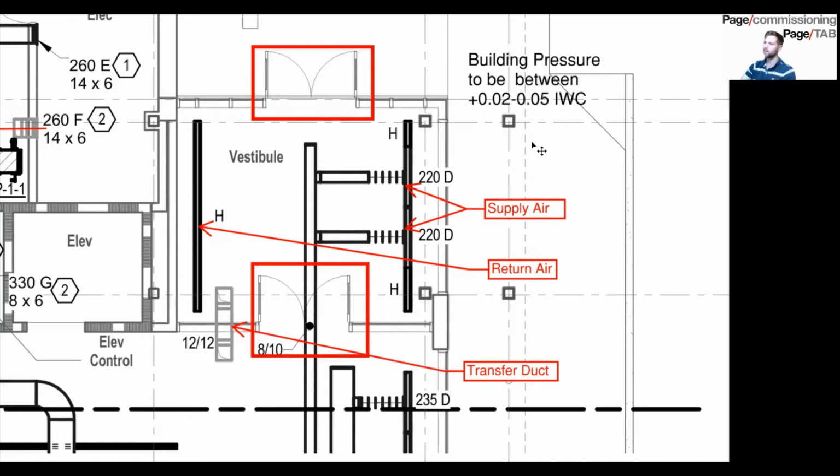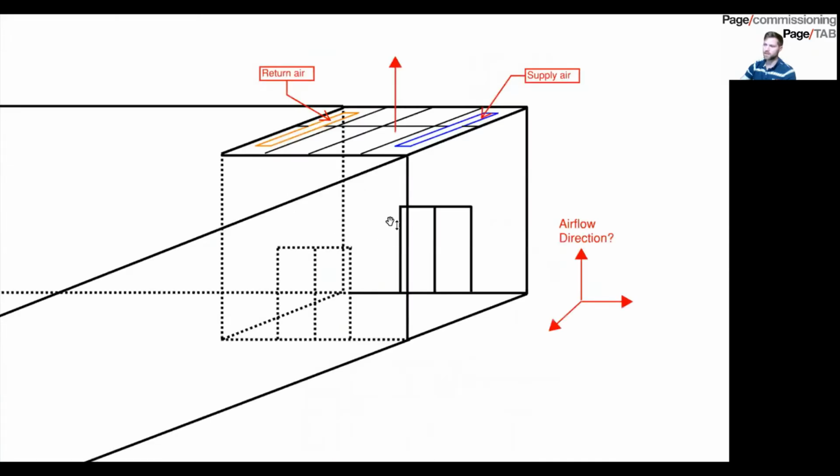So why did we have a negative 0.18? I started looking into it a little bit further, and this is my drawing of a 3D rendering of that vestibule. These are the ceiling tiles that were popping out at random times. If the building is negative and you open these doors right here, all of a sudden you open up a path for air to flow in, right?